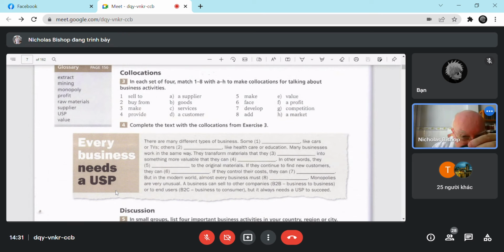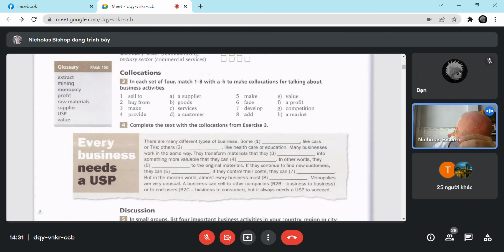Okay, they want you to put the collocations in the numbers here. We just did 8 of them. So 1, 2, 3, 4, 5, 6, 7, 8. Let's get you to put them in the spaces. So you have to do the whole collocation.